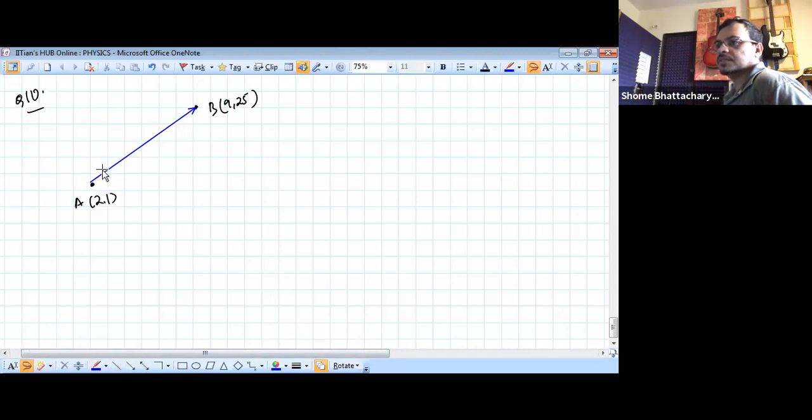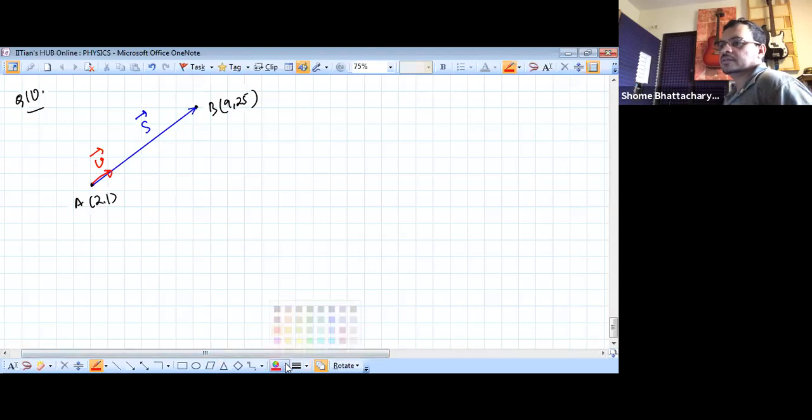This will be the displacement vector. And if it is making that displacement with uniform velocity, then its velocity vector will also be lying along this.